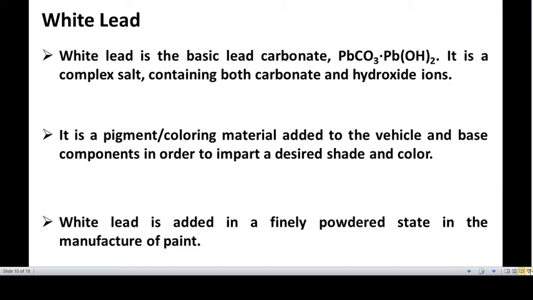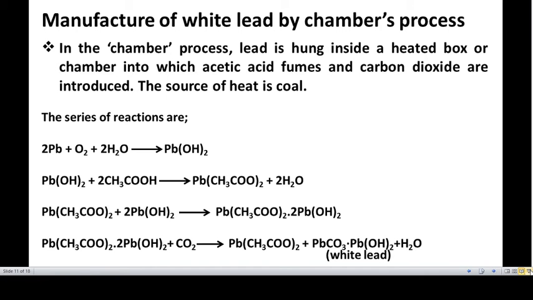So it contains both carbonate and hydroxide ions. It is a pigment or coloring material which is added to the vehicle and base in order to get a desired shade of color. White lead is added in a finely powdered state while manufacturing paint. So how to manufacture white lead?